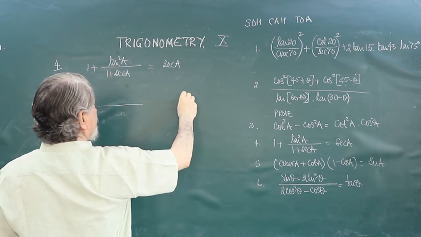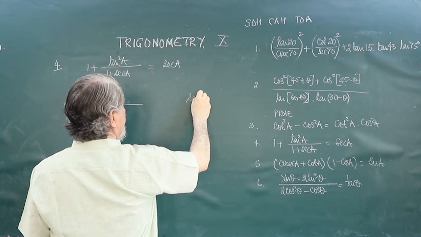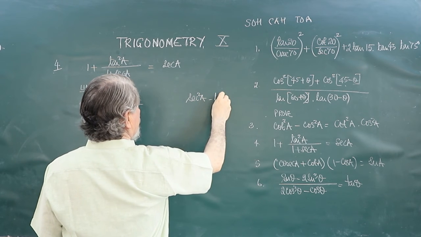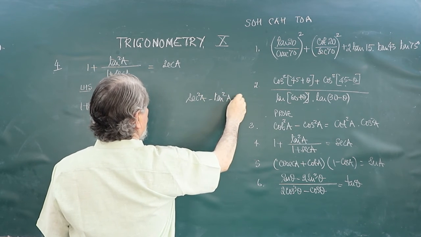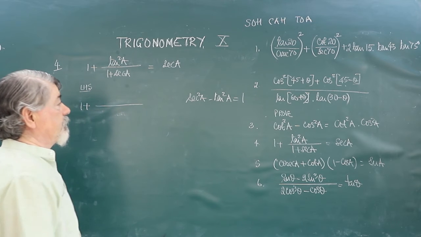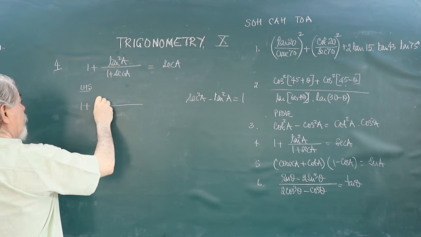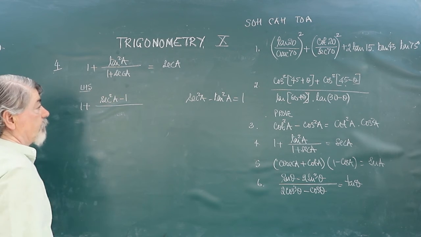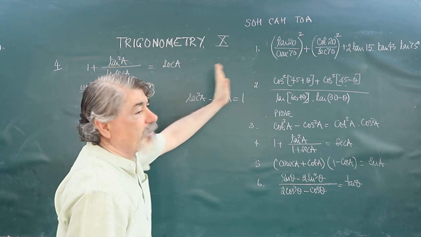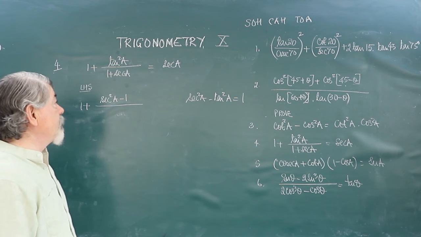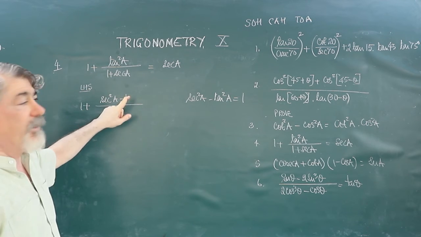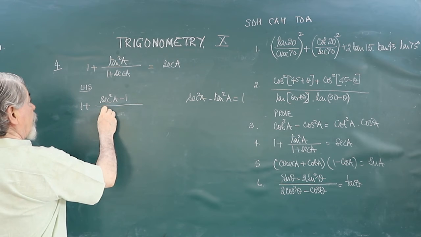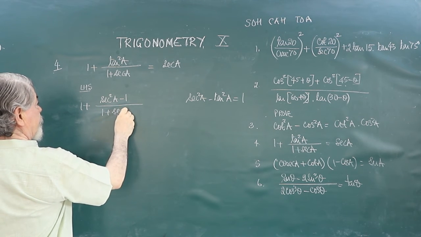We know that sec square A minus tan square A is 1. It is one of the basic identities. So tan square A can be written as sec square A minus 1. We transfer 1 to this side, tan square A to this side. So tan square A can be written as sec square A minus 1 upon 1 plus sec A.